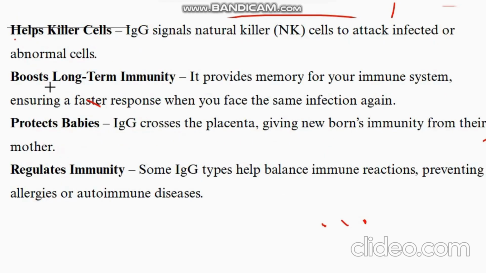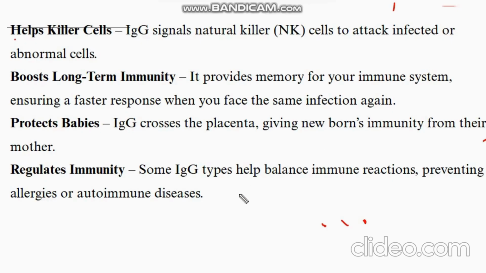Then the next function is boosting long-term immunity. It provides memory for your immune system, ensuring a faster response when you face the same infection again. So boosting the long-term memory.